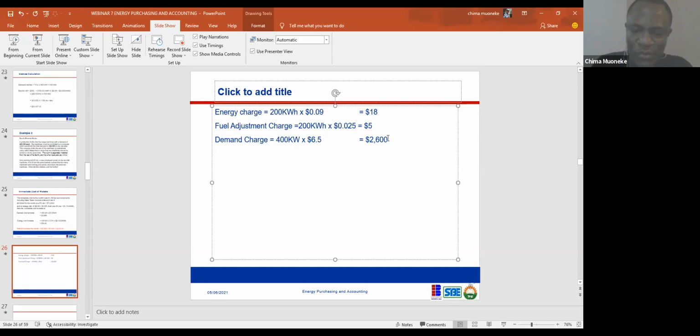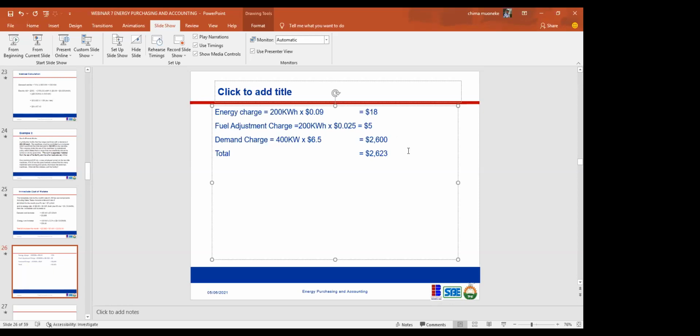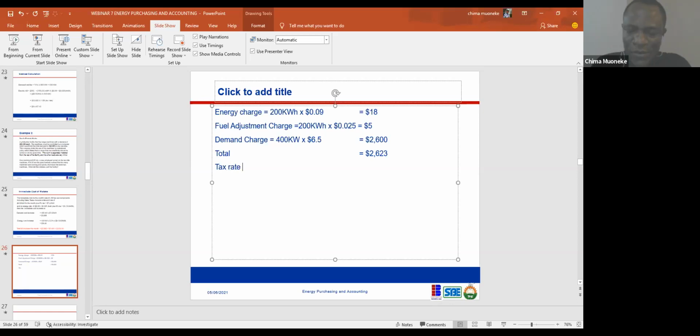The total of all of these charges is $2,623, right? Yes. They will have a tax. We have a tax rate of 8%.